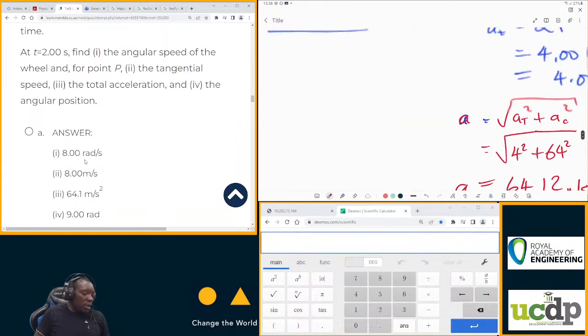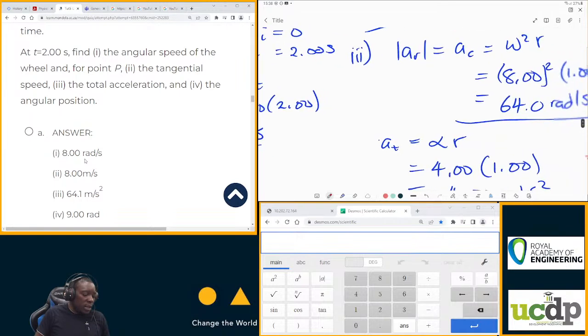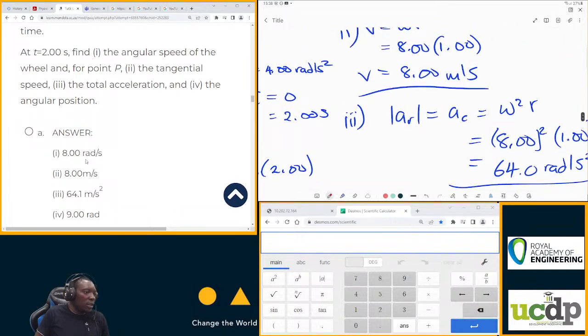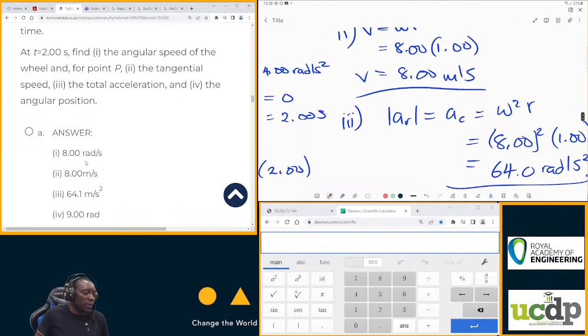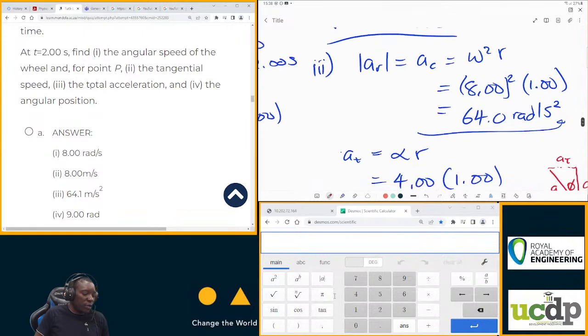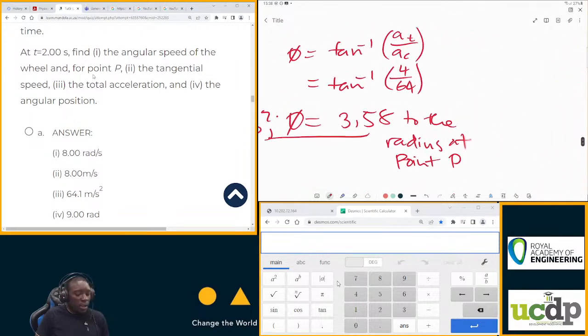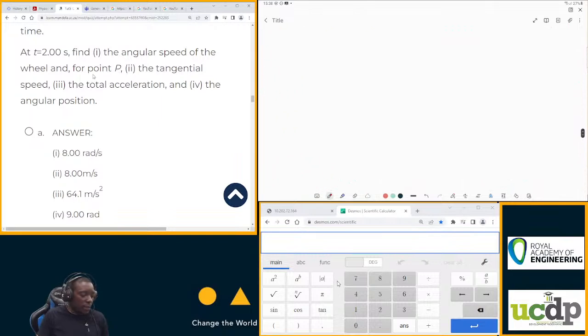We have omega f, 8 radians per second, and 8 meters per second for the velocity, which is the tangential speed. Because it's a speed that is requested there, we're not giving directions. And we have the total acceleration, which we just found with magnitude and direction. And the angular position is what we need to find next.